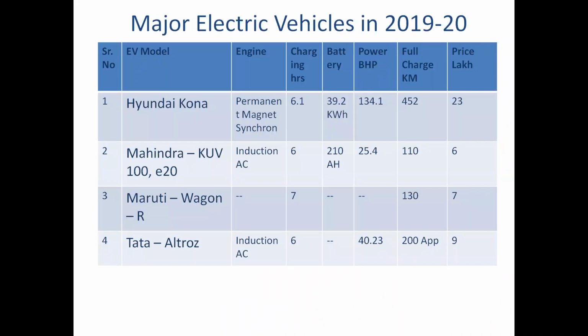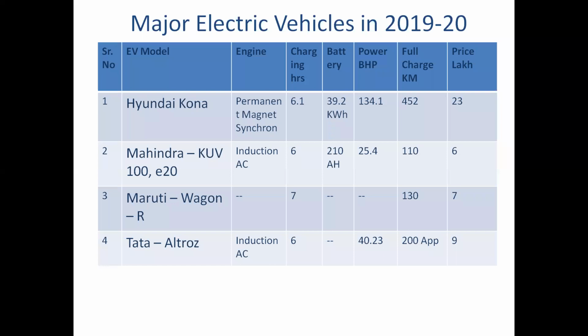If you compare these electrical vehicles, the main items to be compared are listed over here, and a comparison of major electrical vehicles on the Indian road is shown. Kona, KUV, Maruti Wagon R, and Altroz are compared here.